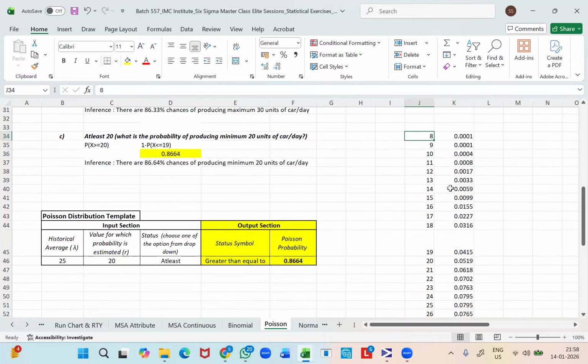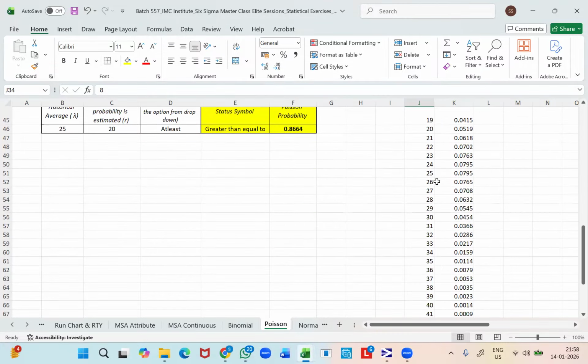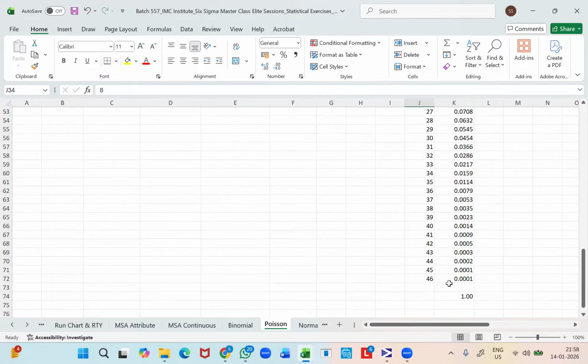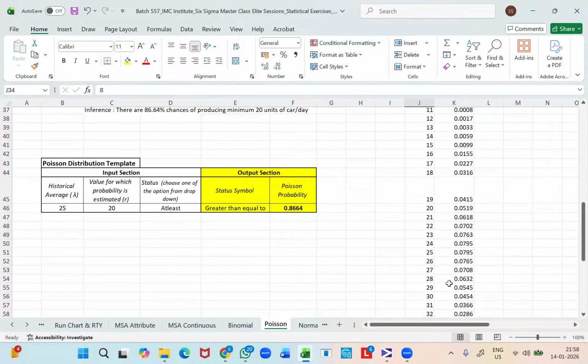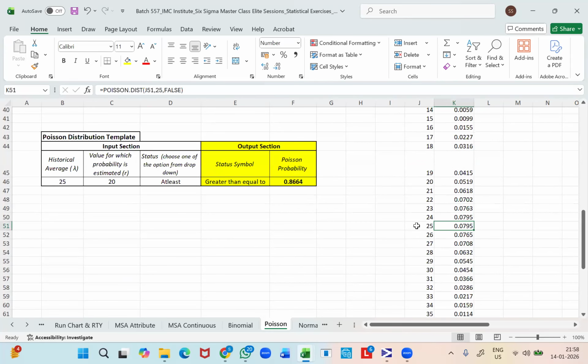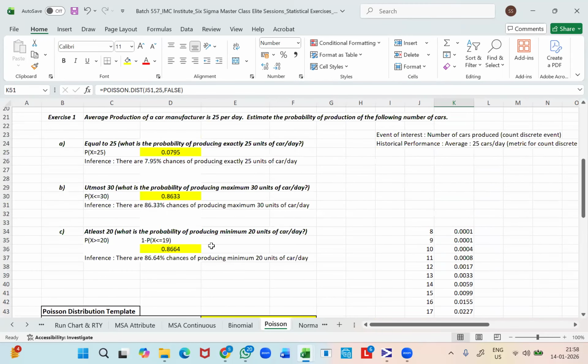So it has to spread the probability values from 8 to 46 in this scenario. That's why the individual probability values, if you calculate, will be far too less. So at 25, just because it tallies with the average, we have the highest individual probability for that value. That's the only thing. It doesn't mean that it will have a higher probability of occurrence. Clear?